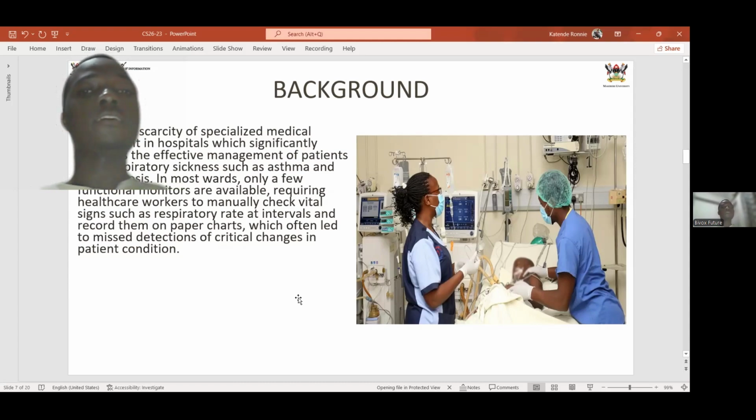So it shows how the manual processes, or manual labor, are time-costing, and there is limited equipment to monitor patients who have respiratory sickness.